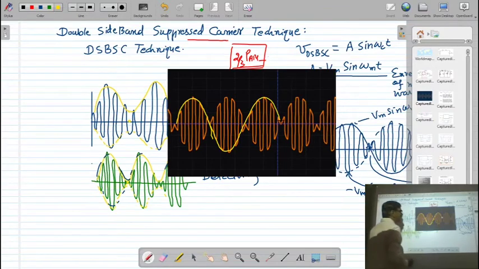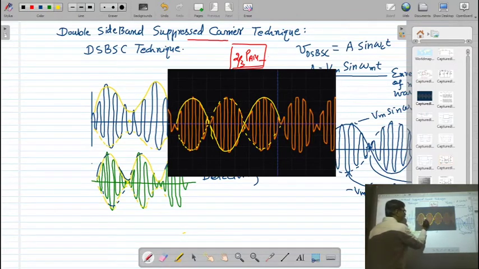This is the positive envelope, and if you see the negative envelope, then this is the negative envelope, and here they are going to cross each other. Now at this point you can see that this is a positive cycle. Remember, here we have this positive cycle near the crossing.